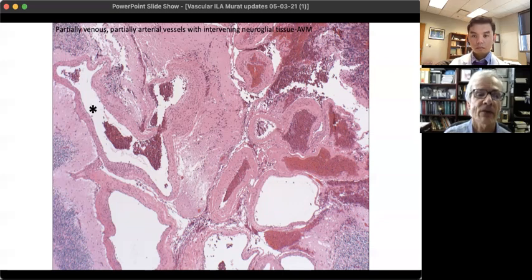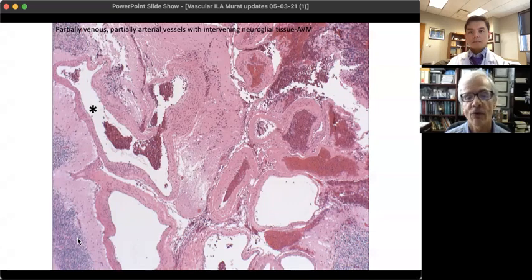Right after that, it gets very thin, and then it gets thick again. So this is basically an arteriovenous fistula in a way. Another feature is that there is neuroglial brain tissue in between the blood vessels. And in fact, on the left side, we see that this is located in the cerebellum because we see the internal granule layer right there.